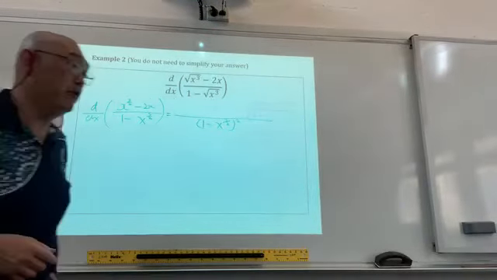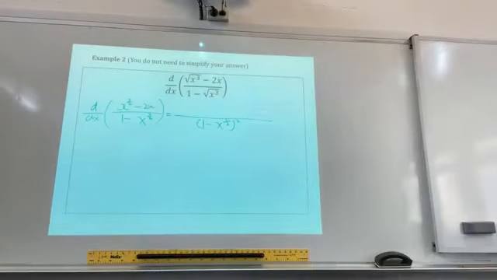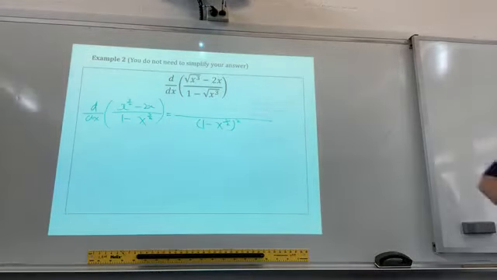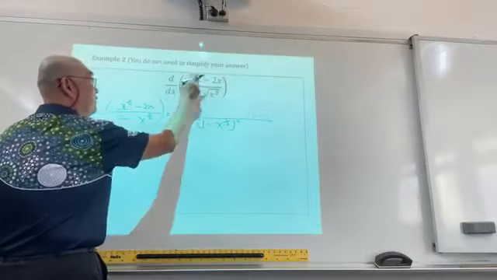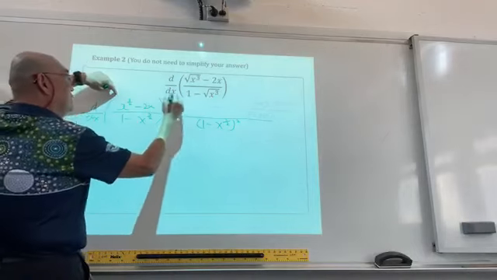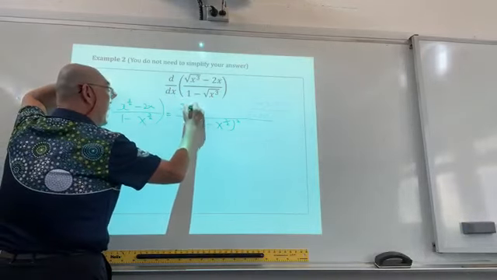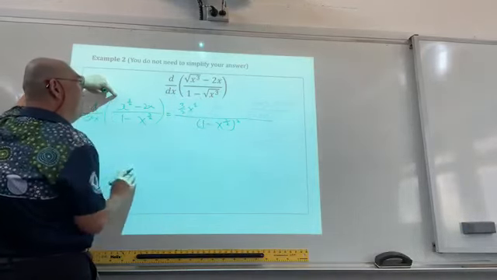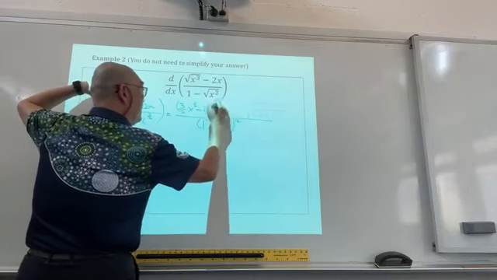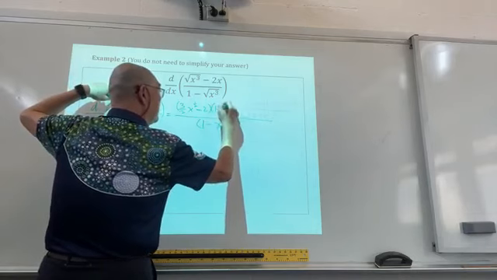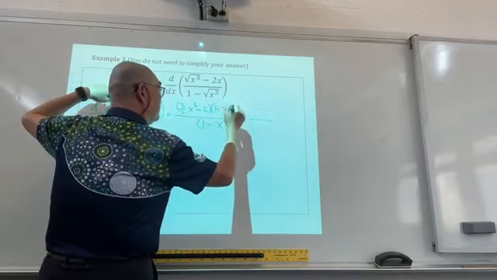So what would the numerator be now for the derivative? Here I would have differentiated the first part: 3 over 2 x to the power of half minus 2. Multiply that by 1 minus x to the power of 3 over 2.